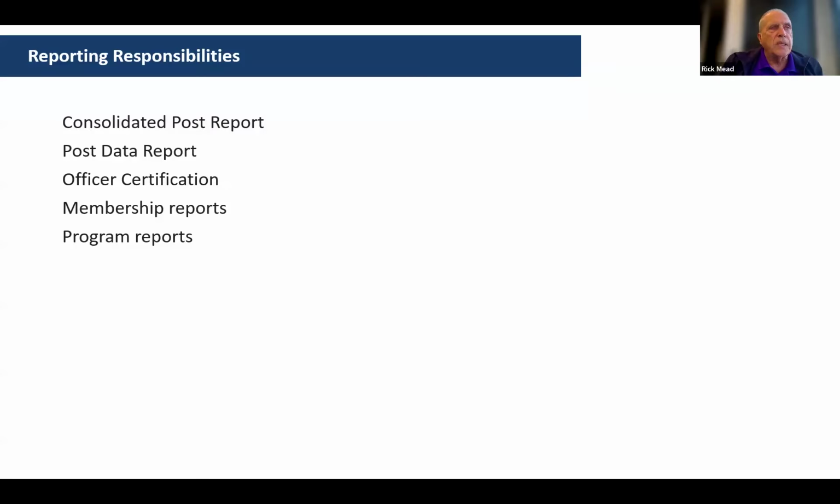Now, that information, as I said, I should be getting that sometime this month, either the very end of this month or the first part of April, and will then be sending it out to the posts. But I will need that back to where I can get it to National by May 14th. May 14th was the date for the 2025-26 membership year. But it will be mid-May that I need to get that back to National.